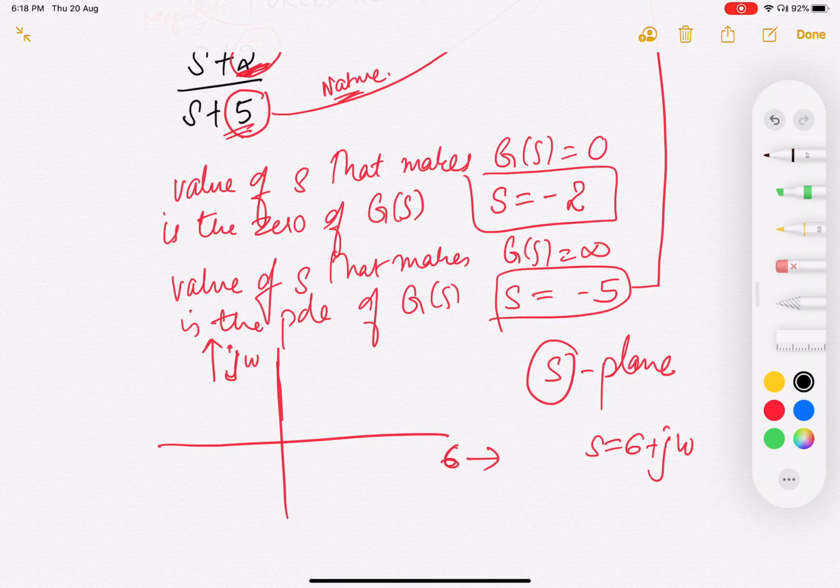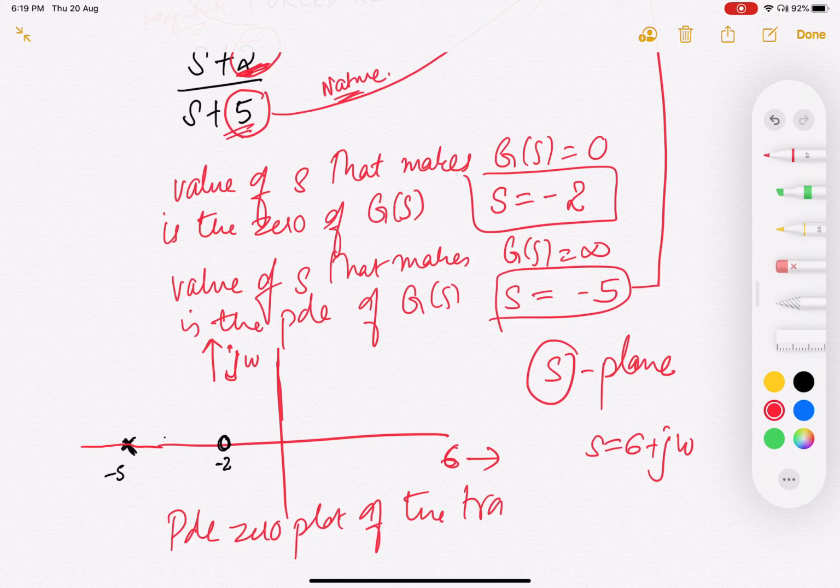In this case, you have a zero at s equals -2, and at s equals -5, somewhere here, you have a pole. A pole is represented as a cross normally on the s-plane, and a zero is represented as a circle. So this is called the pole zero plot of the transfer function that we are trying to see, right?